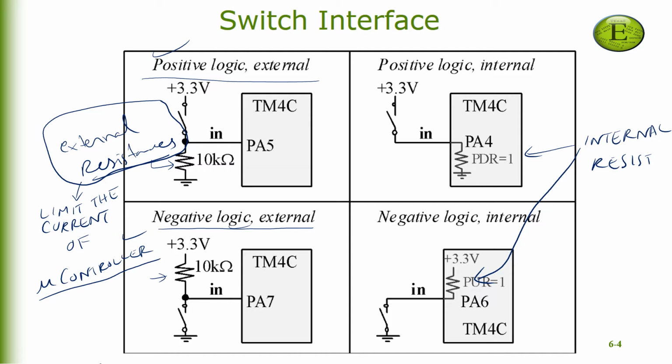In the first case, the positive logic switch interface, the switch is directly connected to the port pin, such as pin number 4 of port A. There is a switch that can connect pin number 4 of port A to 3.3 volts, or it can produce a disconnection between the positive supply voltage and pin number 4 of port A. But whenever the switch turns on, there's a danger of excessive current entering the microcontroller, because we haven't attached any external resistance.